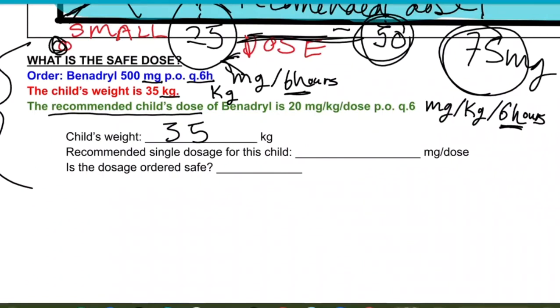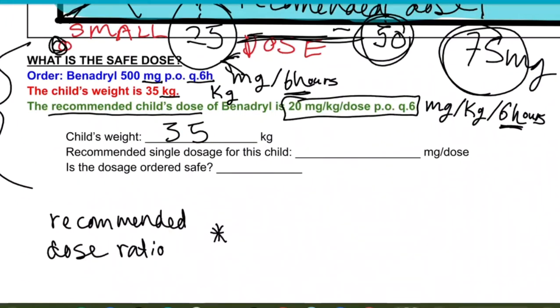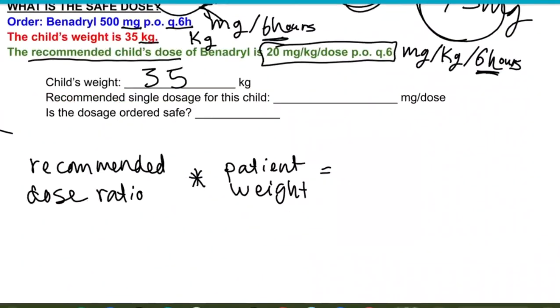So, to get the recommended dose, you take the recommended dose ratio there and multiply it by the child's weight. And that's going to equal your single dose.